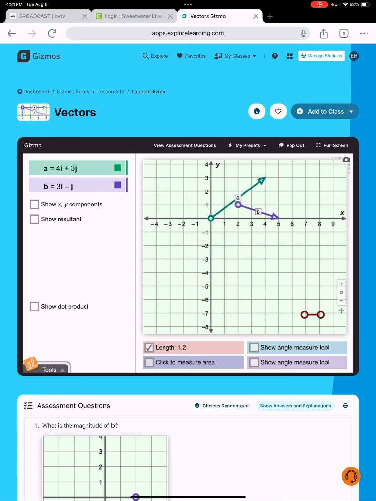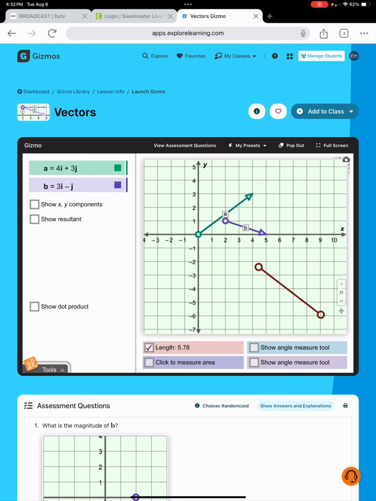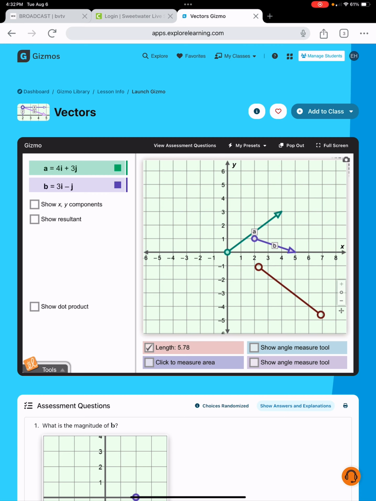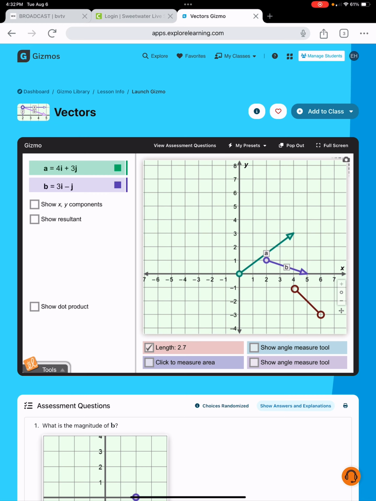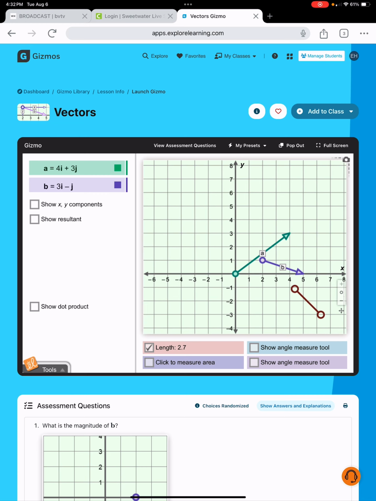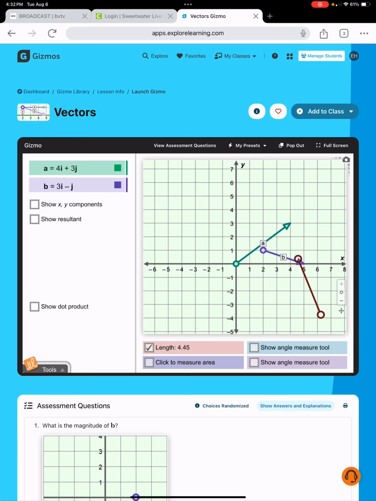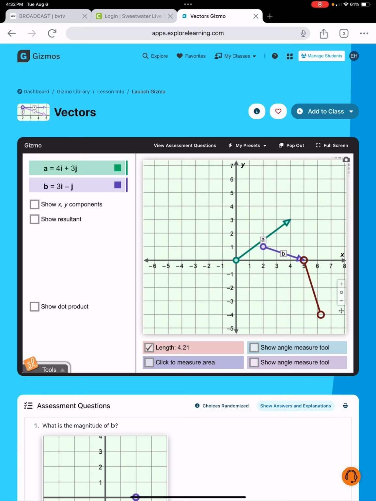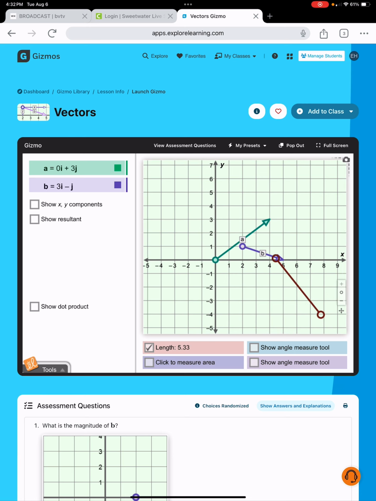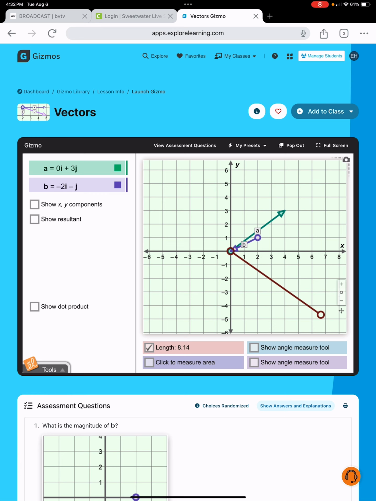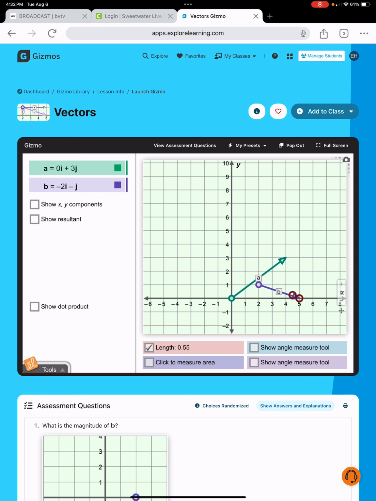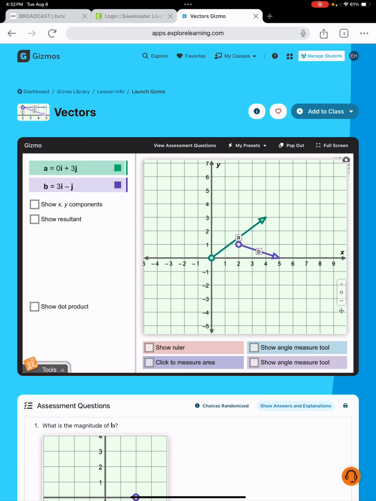Turn on show ruler. Why is this not cooperating right now? Well, you should be able to drag, like I showed you earlier, that piece right there and then the other piece on the other side. Right now it's not cooperating for me. Perhaps you'll have better luck doing that.